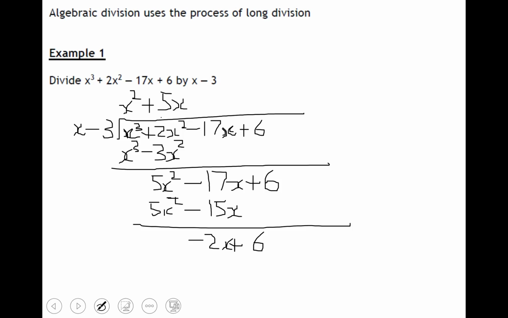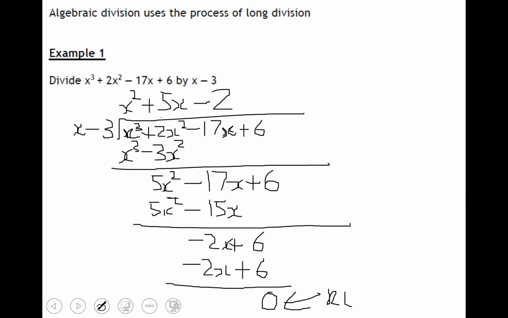Start the process again. What do we multiply x by to get minus 2x? That's minus 2. Minus 2 times x is minus 2x. Minus 2 times minus 3 is plus 6. When we take away this time, we end up with 0, and that 0 is our remainder.